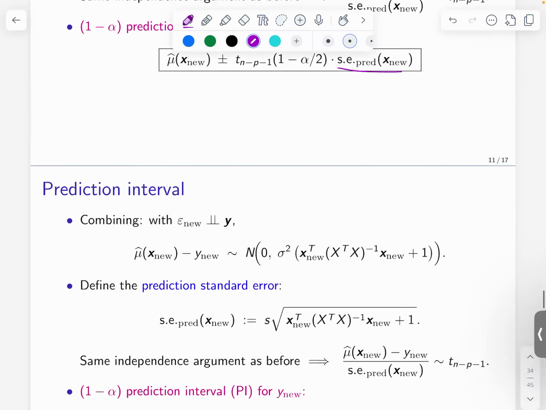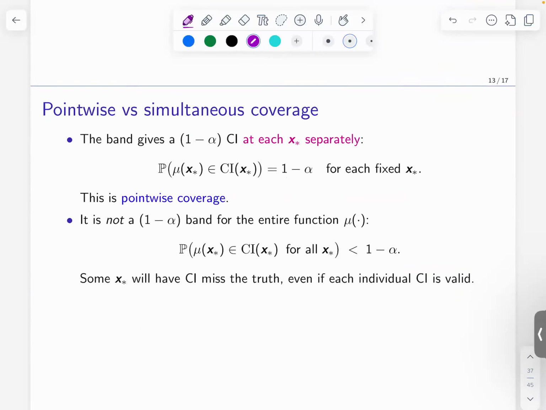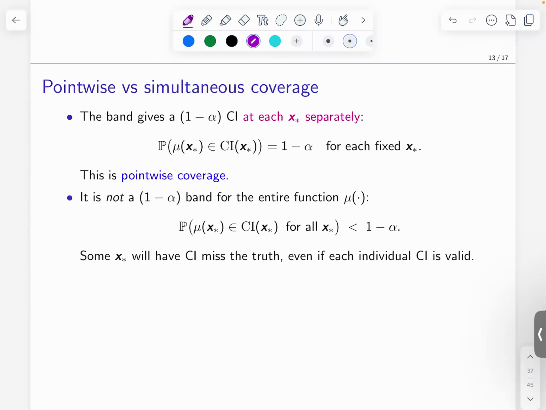Okay, so one slide that I'm not going to go into too much. All of this was the so-called pointwise coverage. Let's go back to the confidence interval for the regression function. What we showed is that we have a confidence interval at point x star such that mu of x star belongs to it with probability 1 minus alpha, separately for each x star.